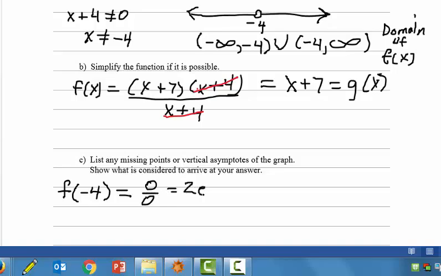So I got 0 over 0. Whenever my input value gives me that result, that means I have a hole or missing point at x equals negative 4.